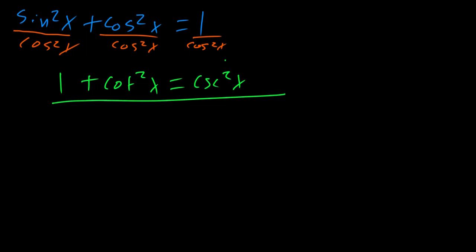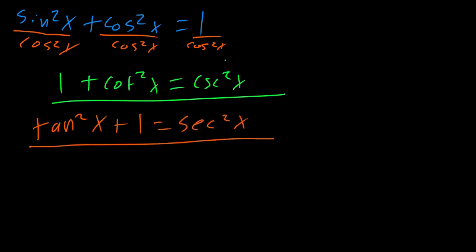What's sine squared of x divided by cosine squared of x? That would be tangent squared of x. What's cosine squared of x divided by cosine squared of x? That would just be 1. And then 1 over cosine squared of x is secant squared of x. And that's our third identity.